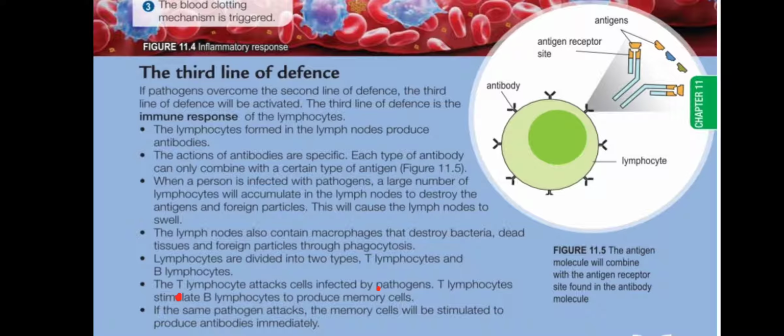So when the same pathogen attacks us for the second time, the memory cell tadi akan stimulated to produce antibodies immediately. So dia punya symptom of the infection itu adalah kurang daripada yang first one tadi.